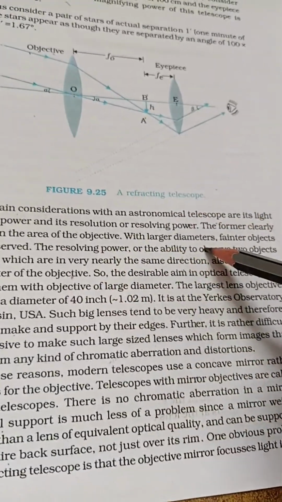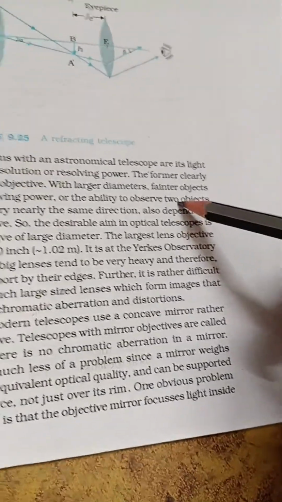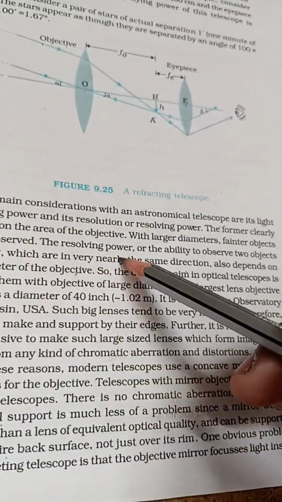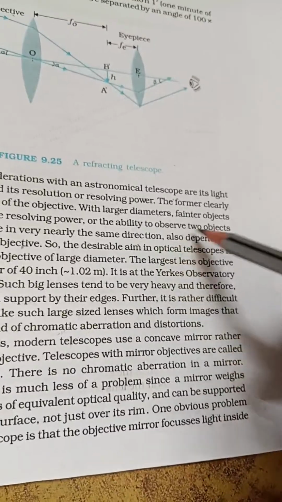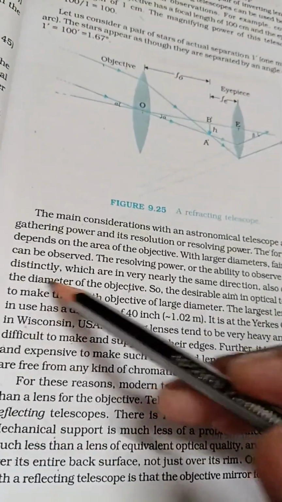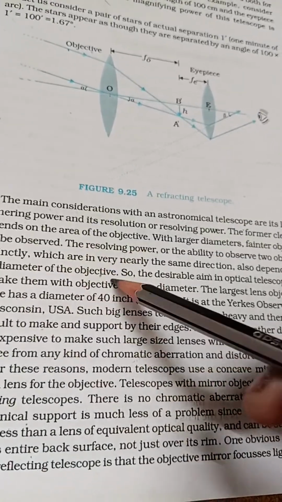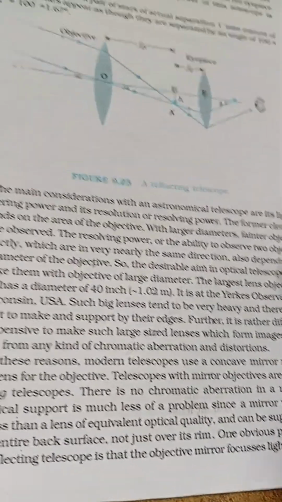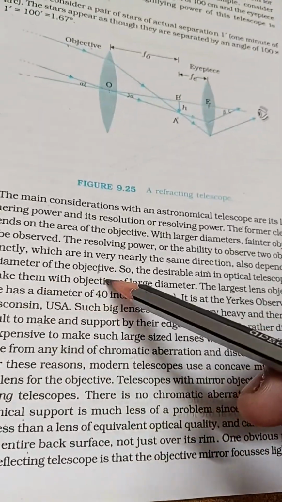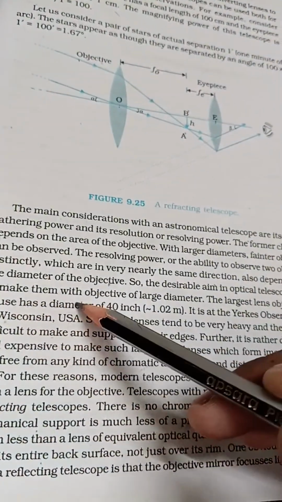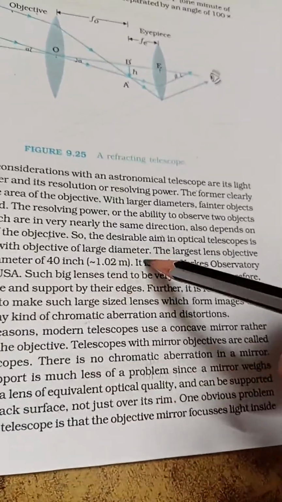With large diameters, fainter objects can be observed. The resolving power, or the ability to observe two objects distinctly which are in very nearly the same direction, also depends on the diameter of the objective. So, the desirable aim in an optical telescope is to make them with an objective of large diameter.